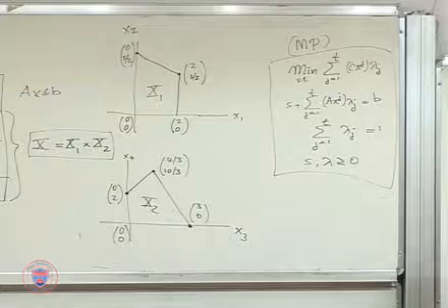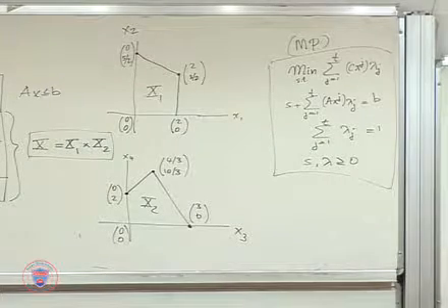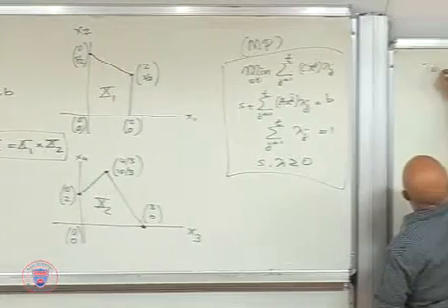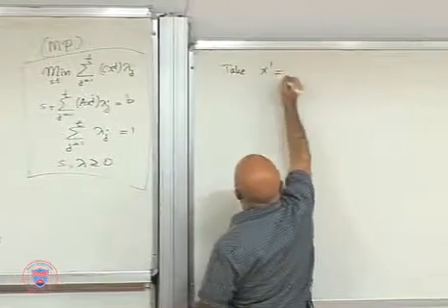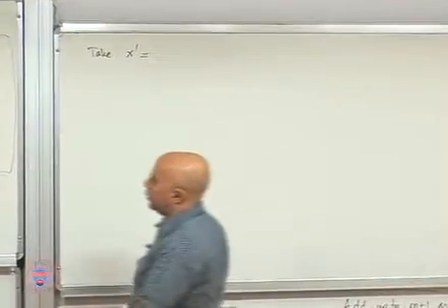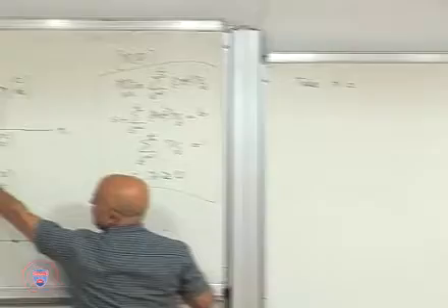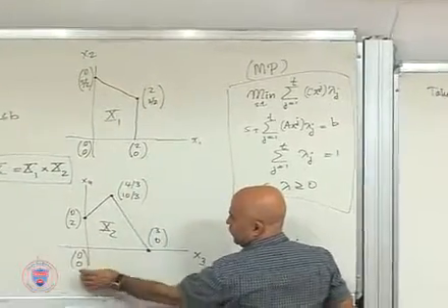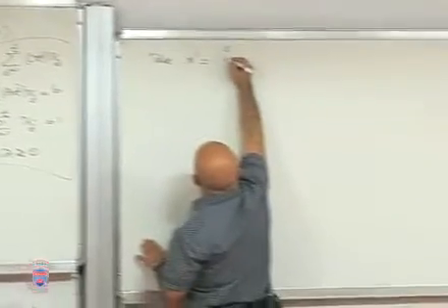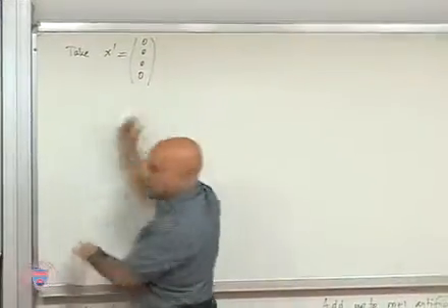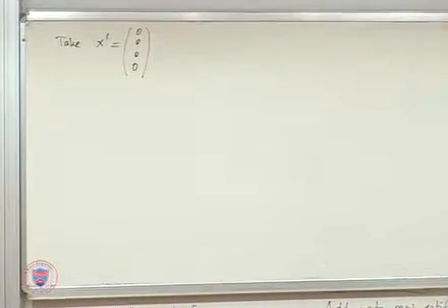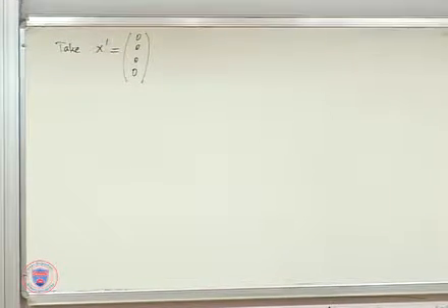So I need a basic feasible solution to start with. In this case, it's easy. If you take x1 to be the extreme point, which is the composition of the origin from the first one and the origin from the second one, it's going to have 0, 0, 0, 0. Okay? That's your extreme point for the four-dimensional set.